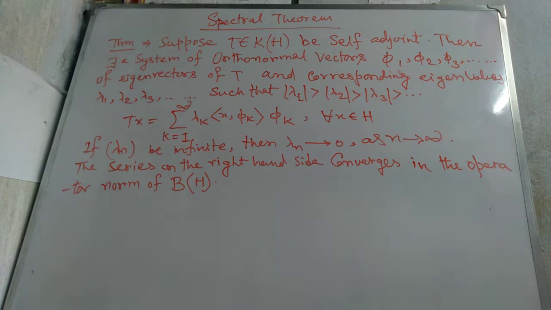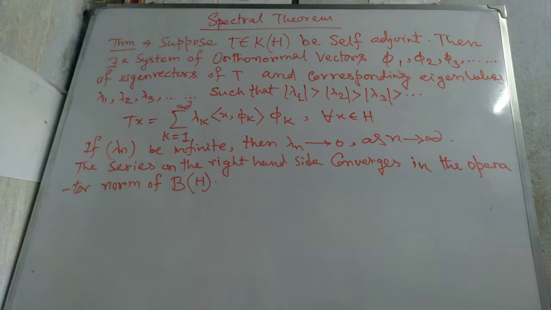The theorem states that if T is a compact operator from H to H and self-adjoint, that means the adjoint of T equals T, then there exists an orthonormal system phi 1, phi 2, phi 3, ... of eigenvectors of T, and the corresponding eigenvalues are in decreasing modulus order.